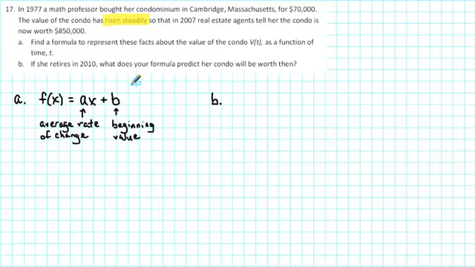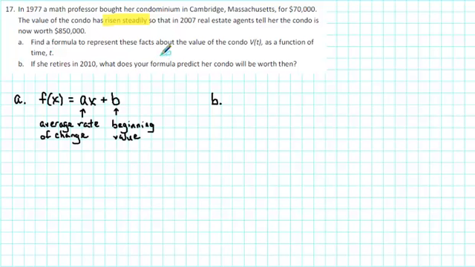Now, for this particular problem, the beginning value, the value of the condo initially, was $70,000. In order for that to be the beginning value, we're going to have to define t not just to be time, but the time in the number of years since 1977. So 1977 is going to be the beginning year, and so we want time equals 0 to correspond with that.